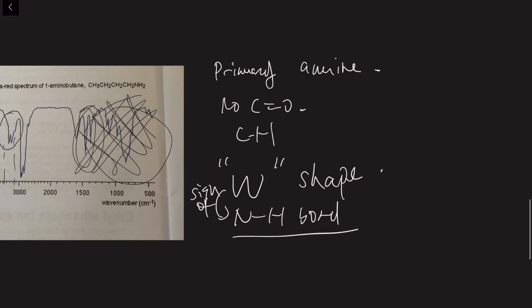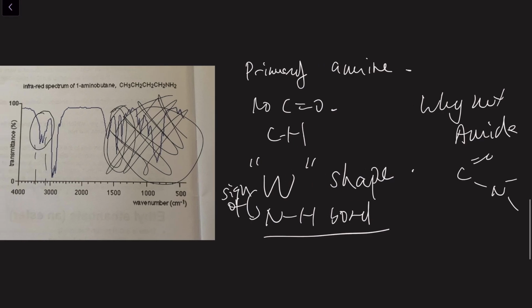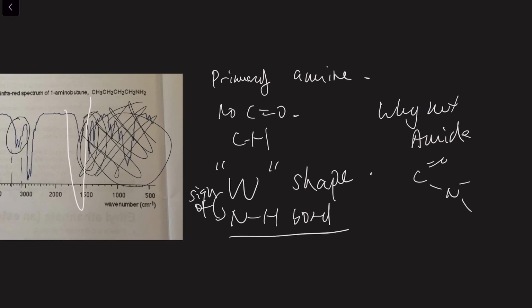So why is this not amide? We know that amide is CONH2. When we have a very deep trough around here, then we can conclude it is amide, because it has both the CO double bond and this NH single bond.